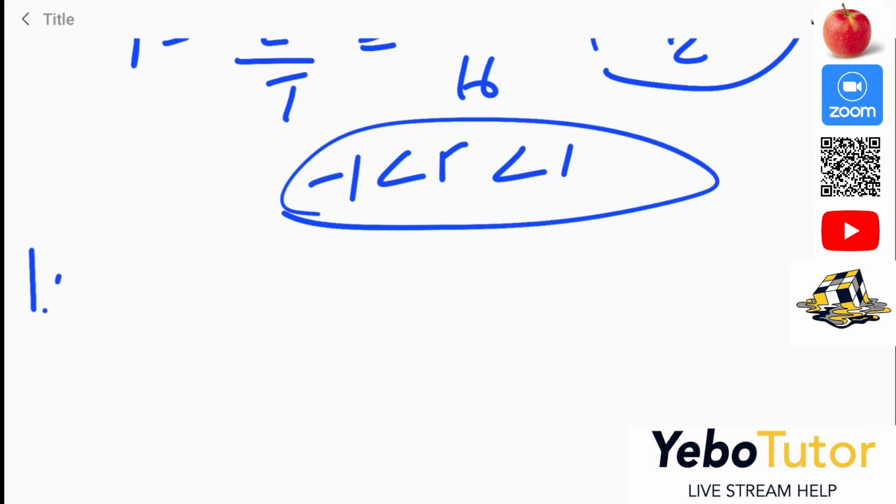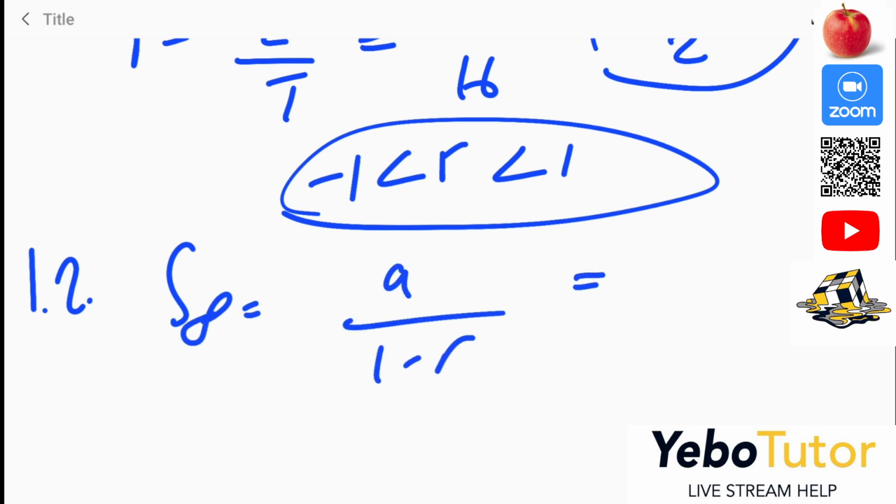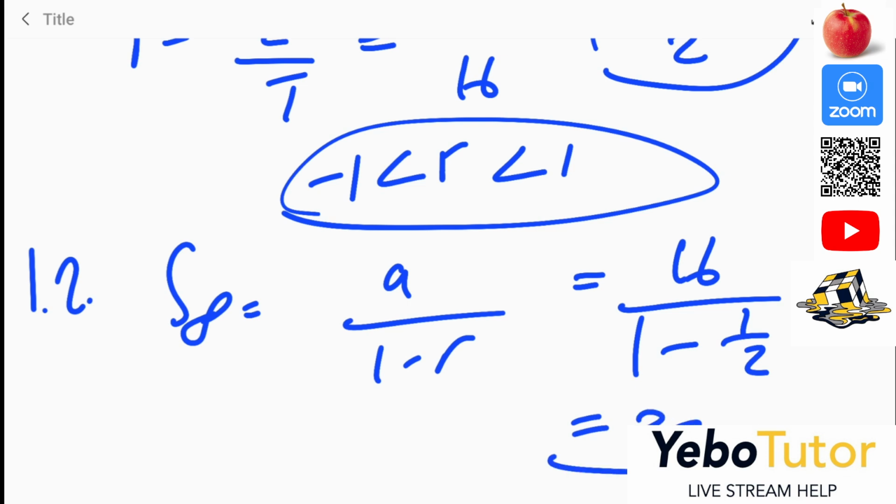Now on 1.2, they say calculate the sum to infinity. Sum to infinity is always equal to a over 1 minus r. What is your a? Your a is your first term, in this instance 16, divided by 1 minus 1 over 2. Then you use your calculator and you get your answer, which is 32. Simple stuff. Those are the few marks which you can claim in the exam.